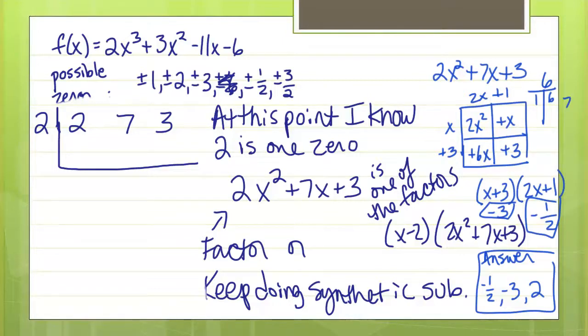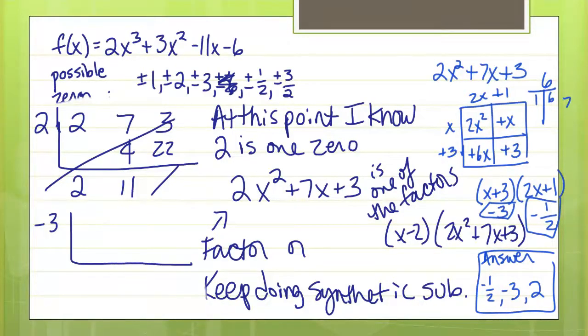So I have to try 2 again, because sometimes things will go in multiple times. You know and I know that it's not going to work because we already know what the answers are. I'm going to jump straight to negative 3, but I wanted that opportunity to show you. You would have to try that same one again, because you can have a 0 repeat itself.